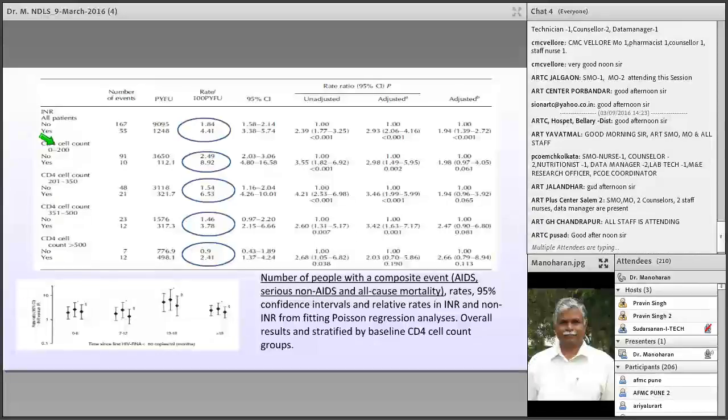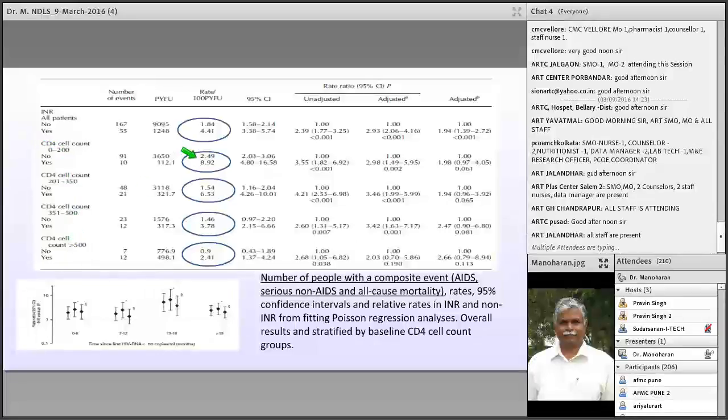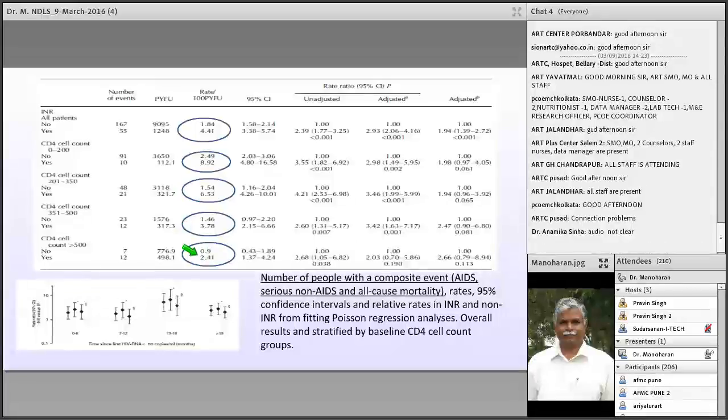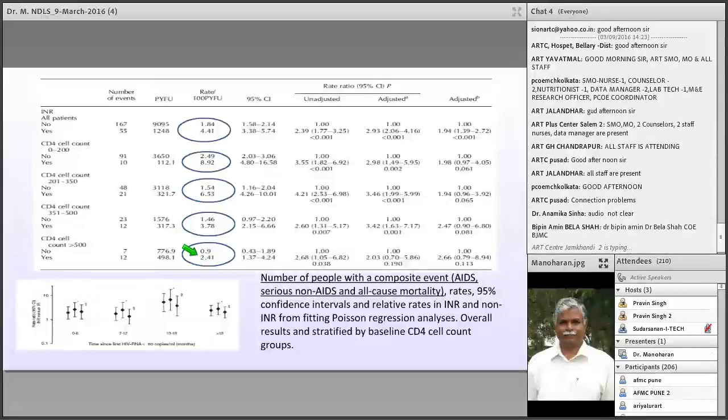If you see, if it is less than 200, whatever the CD4 stratification, the number of events are high in the non-responder. So this study clearly states that immunological non-responders are prone to many complications, not only AIDS related but also non-AIDS related complications.